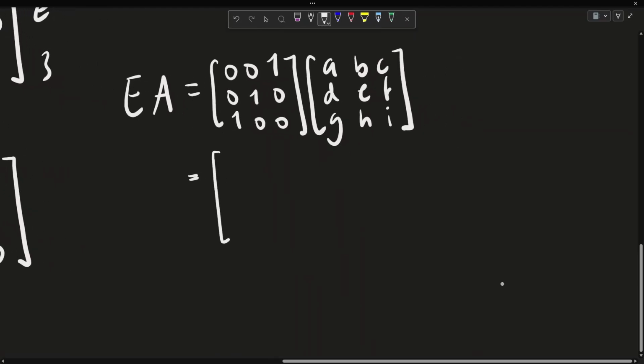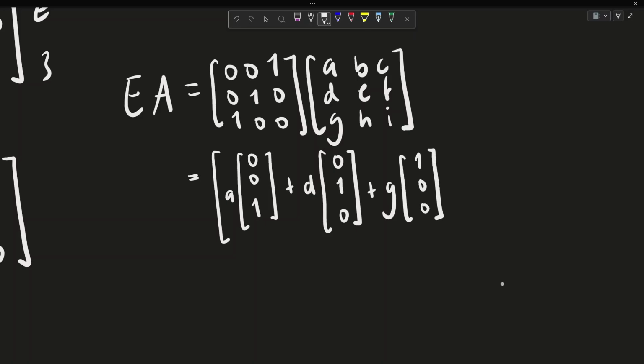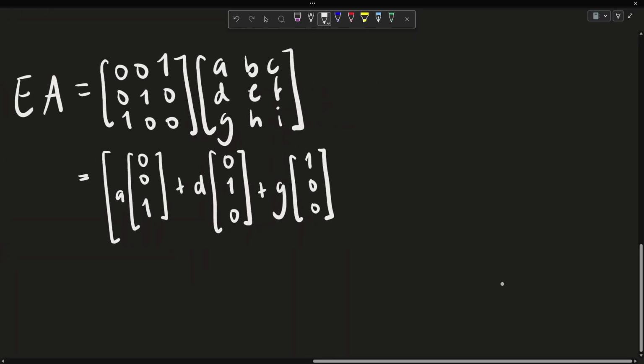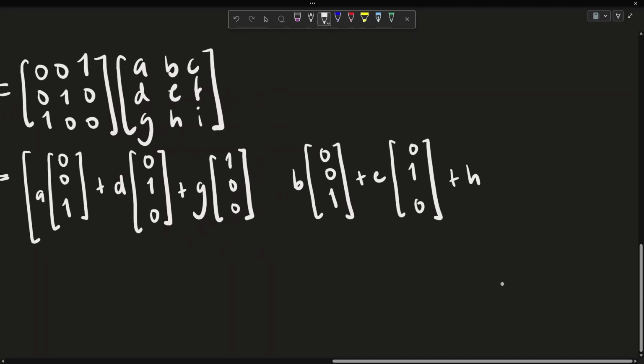The first column will be A times the first column of E, plus D times the second column, plus G times the third column. The second column will be B times the first column, plus E times the second column, plus H times the third column.